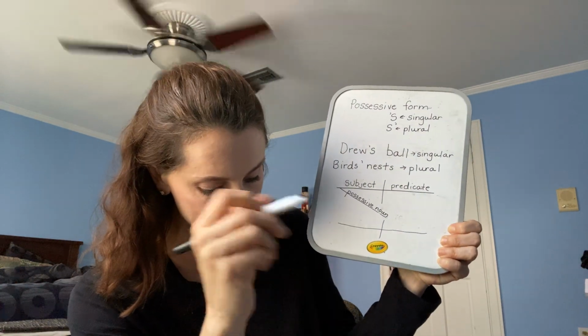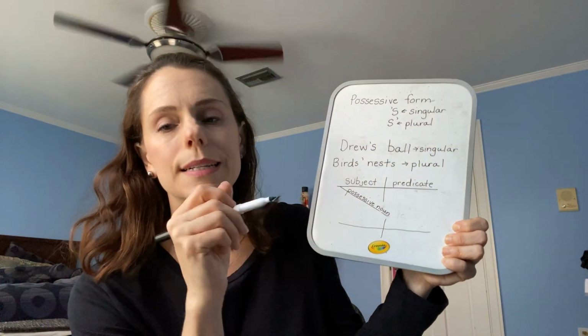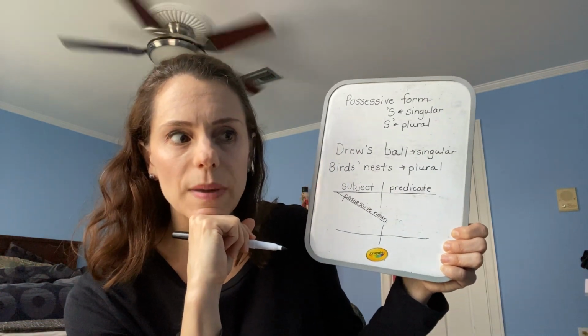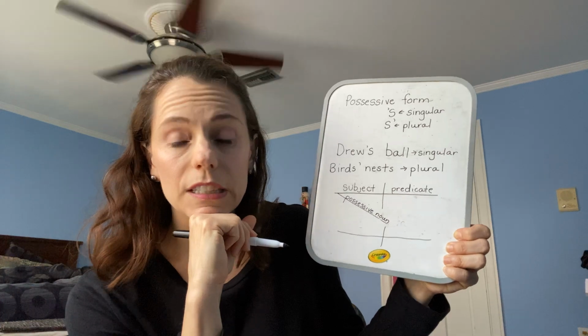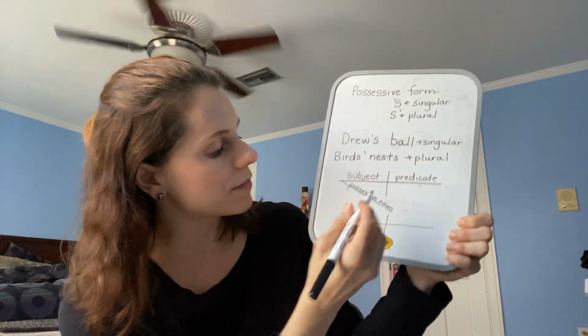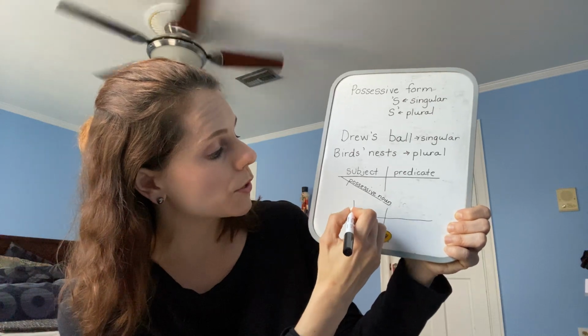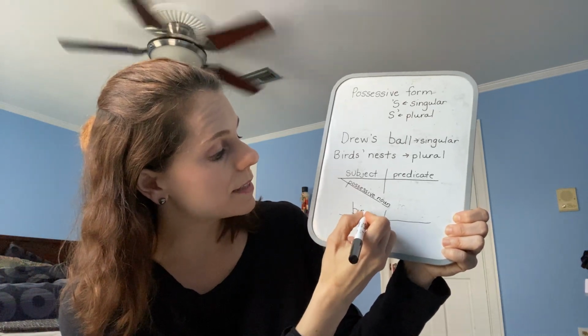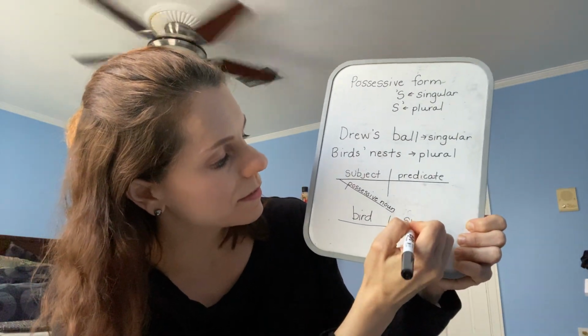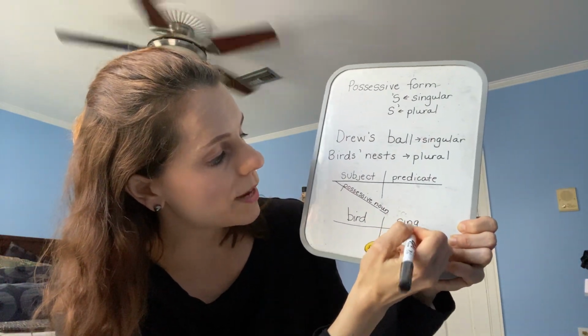So the example is Jeff's bird sings. So what's the subject? So you might think Jeff's. Jeff's is not the subject. Jeff's is going to be the possessive. So the bird is the subject, sings is the predicate.